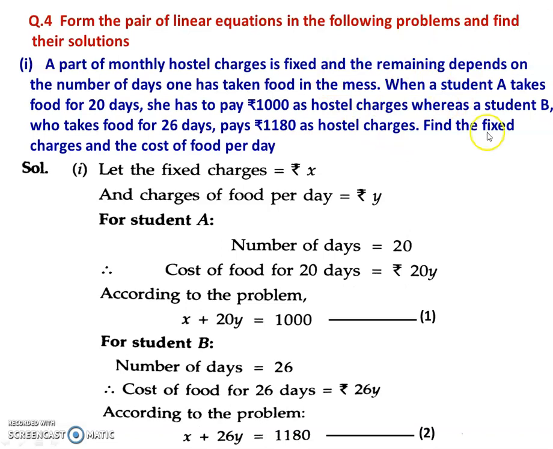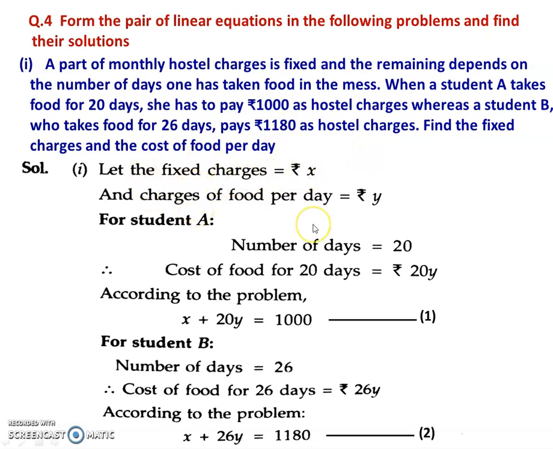So partly it is fixed and some depends on the number of days one has taken food in the mess. When student A takes food for 20 days, she has to pay rupees 1000, and student B who takes food for 26 days pays 1180 as hostel charges. So find the fixed charge and cost of food per day.